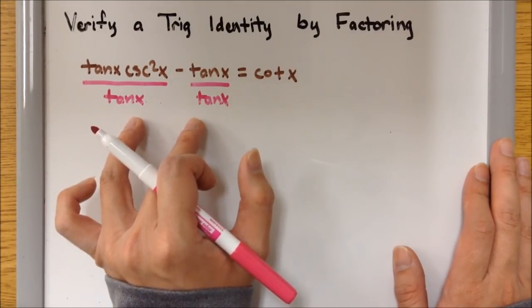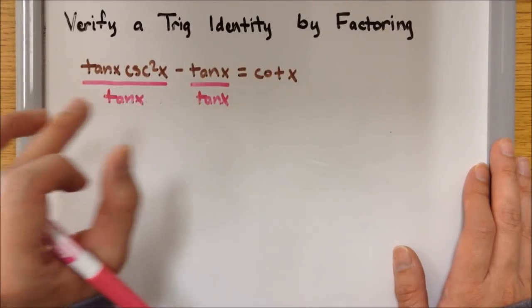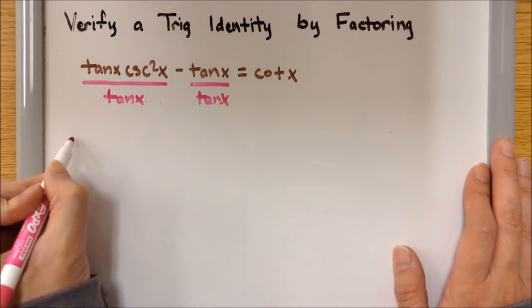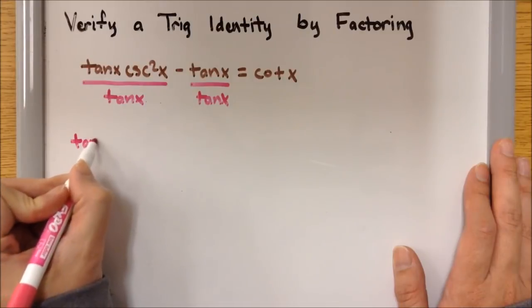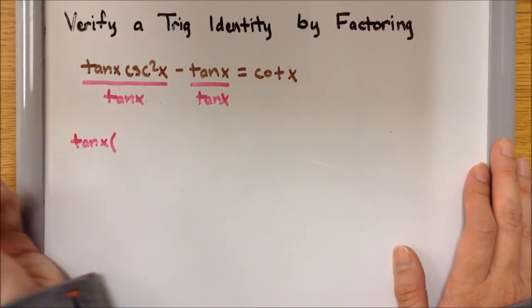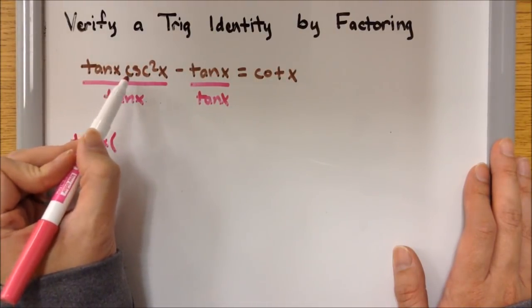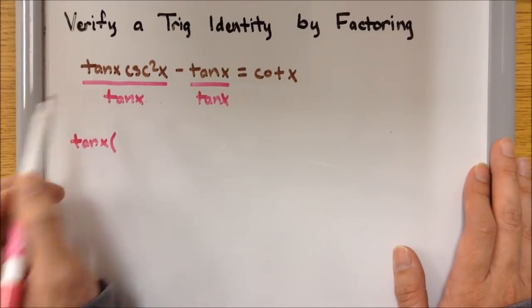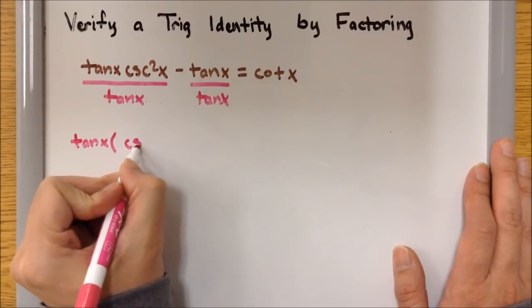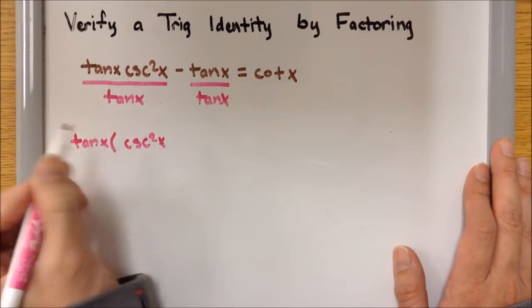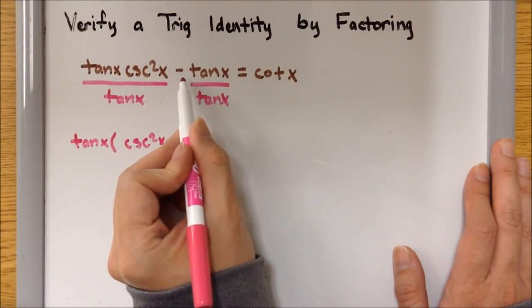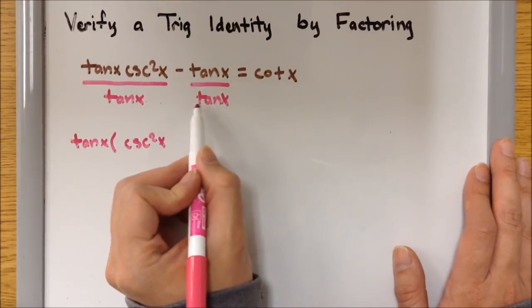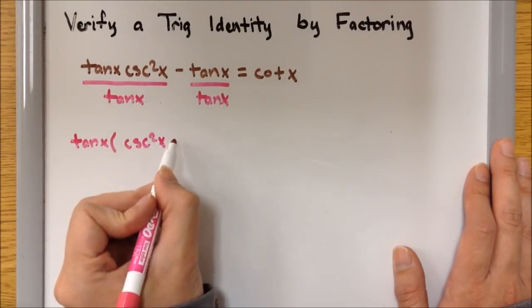Like I said, it doesn't go away, it's just going to be on the outside of the parenthesis, tangent of x. Tangent of x times cosecant square of x divided by tangent of x would simply be cosecant square of x. And then negative tangent of x divided by positive tangent of x would be negative 1.